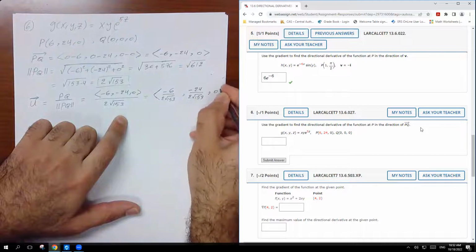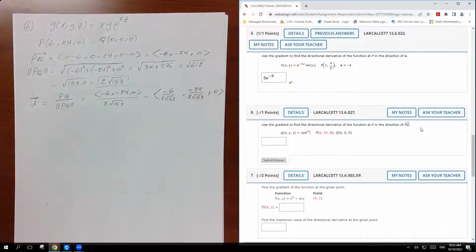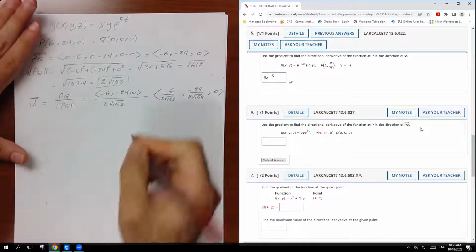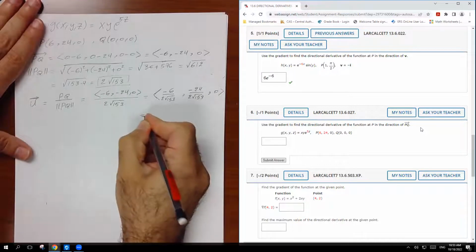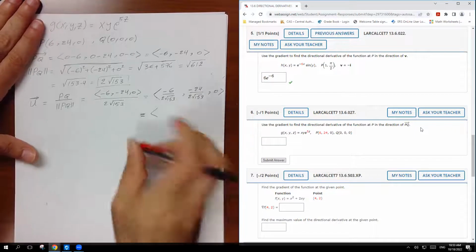Let's see how we can keep it like this. If you simplify it, it's going to be -12 over square root of 153, and because we can simplify the 6 too.